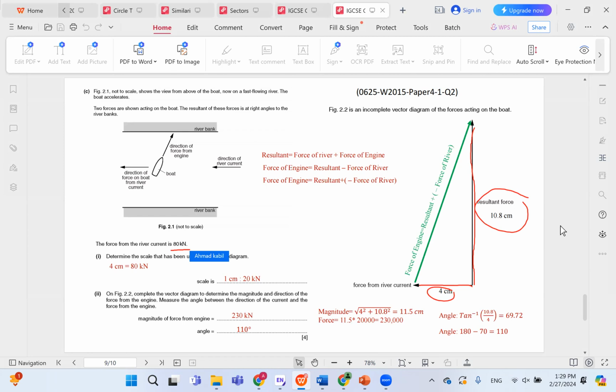So the actual force on the diagram is 4 centimeters. So 4 centimeters equals 80,000. We can simplify by dividing by 4. So 4 to 80 would be 1 to 20. So the scale would be 1 centimeter corresponds to 20 kilonewtons.